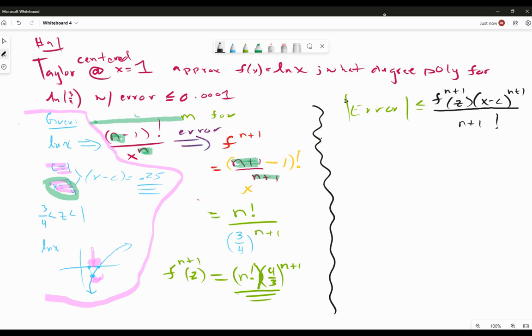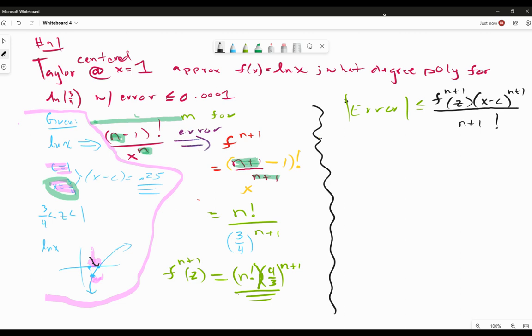It can be x minus a, it doesn't really matter, just be consistent with what you use. I like c because it reminds me of center. Some people use x minus a and then put c here. I like sticking with the fact that this is the center, this is the x value, and z is some value in between that we're looking for the maximum error. We just want to make sure that the error doesn't go over.